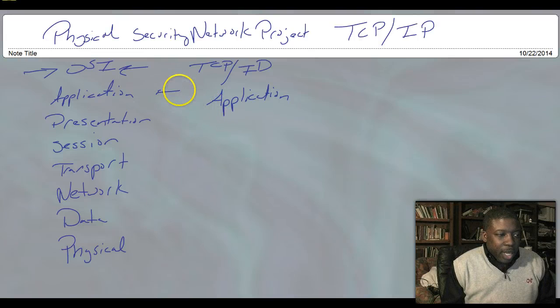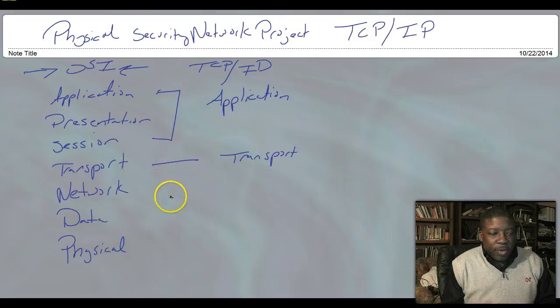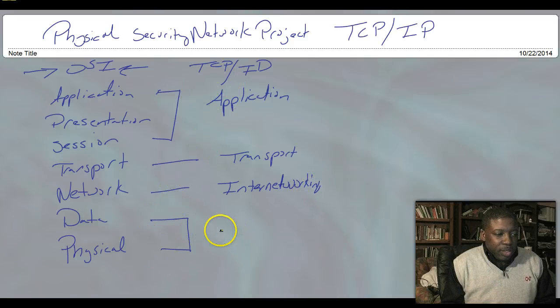That covers these 3 layers. Transport coincides with that transport layer. Network, this is called internetwork or internetworking on the TCP/IP side. And these 2 layers together are network.